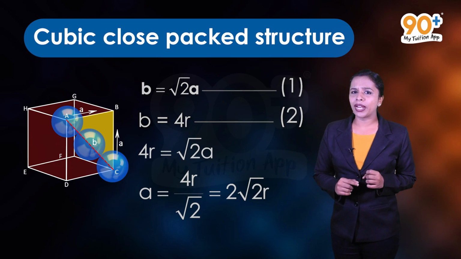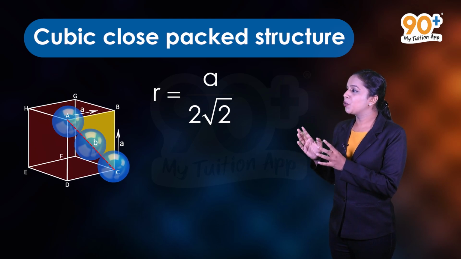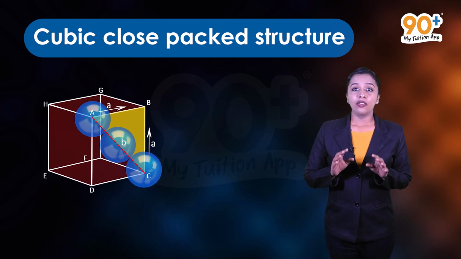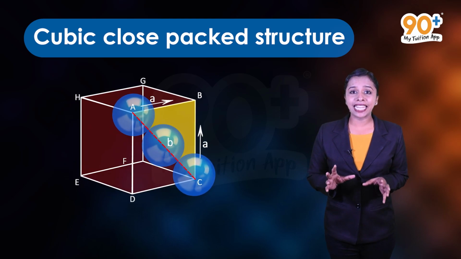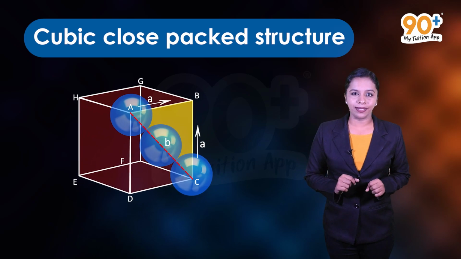We can also write that r = a/(2√2). We know that each unit cell in CCP structure has effectively 4 spheres.